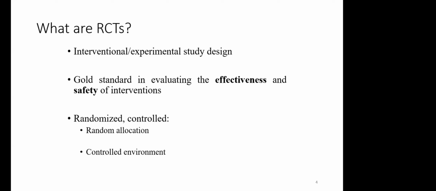So basically this randomization and the controlled environment helps to minimize bias and also balance both known and unknown confounding factors across groups, thereby increasing the validity of the study.